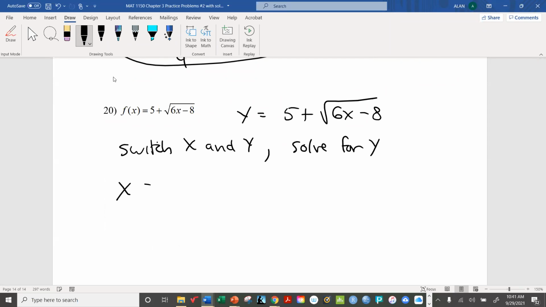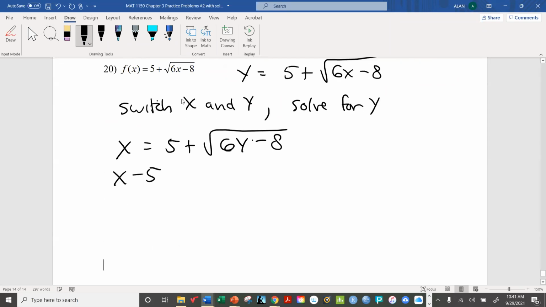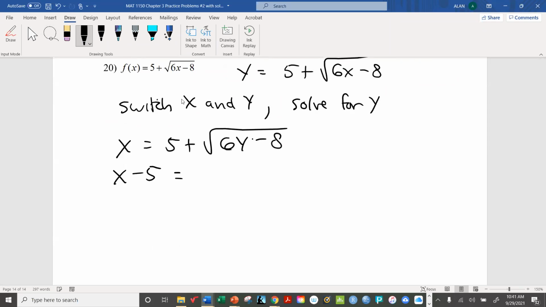All right, so this means that x equals 5 plus radical 6y minus 8. x minus 5 equals radical 6y minus 8.